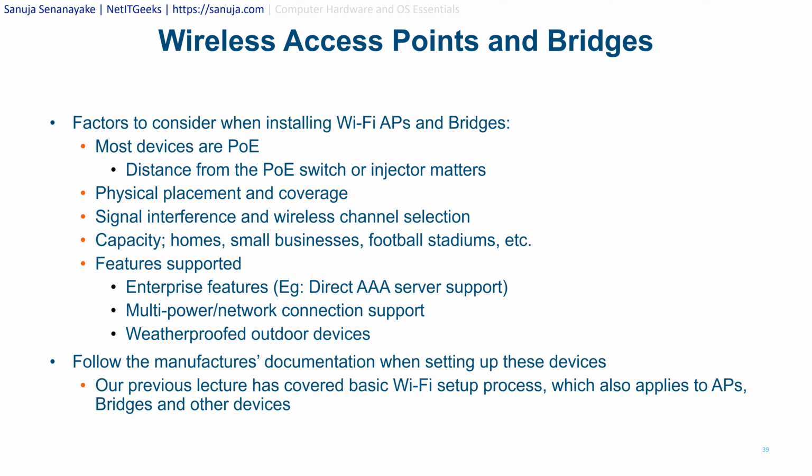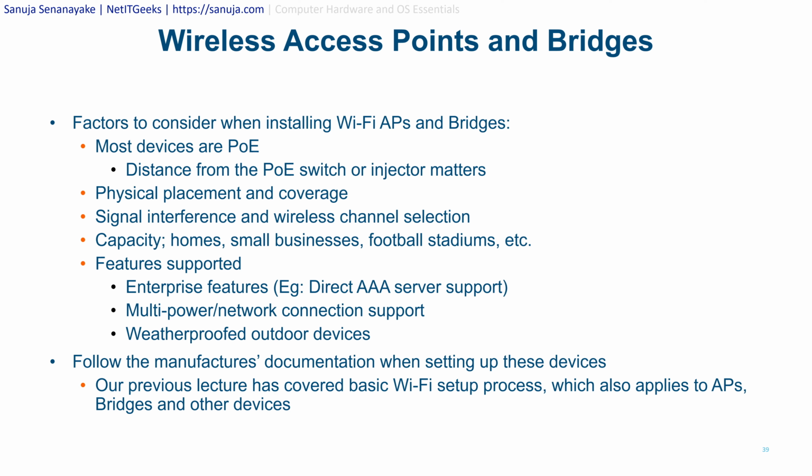And in terms of signal interference, if you place a wireless access point in the kitchen area where a 2.4 gigahertz wireless band is being used, that may interfere with your microwave. So things like that. Maybe change the location of the microwave or change the location of the access point.